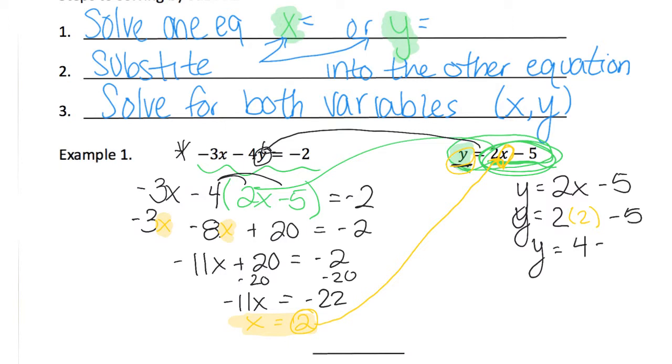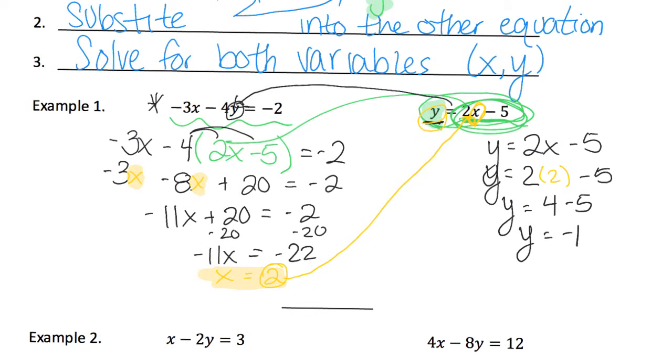So y equals 4 minus 5. Y equals negative 1. So that means my answer is now 2 comma negative 1, because x is 2 and y is equal to negative 1.